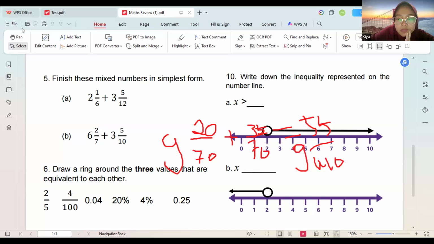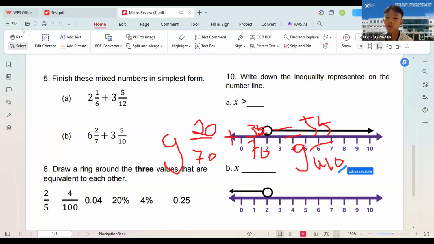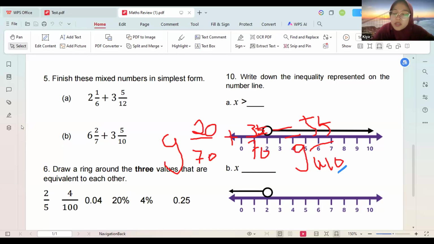What is this, J? 55 over 140. Okay, I want to check this again. 9 and 55 over 140.